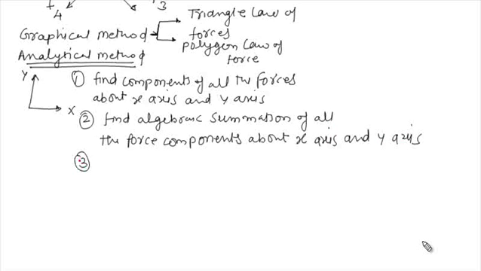Third one, use R equals the square root of sigma Fx squared. The summation of Fx is nothing but the algebraic summation of components of all the forces about the x-axis, plus sigma Fy squared. The summation of Fy is nothing but the algebraic summation of components of forces about the y-axis.